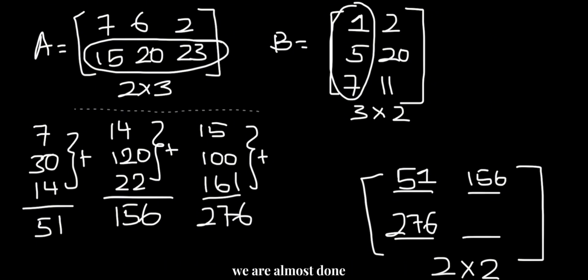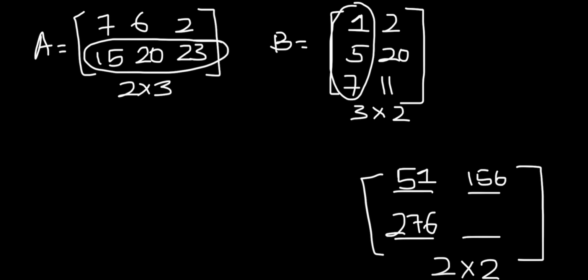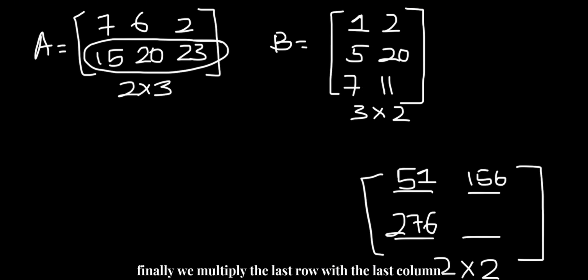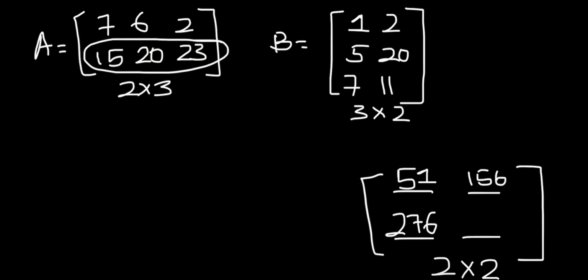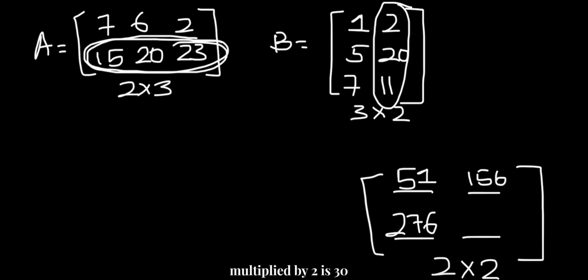We are almost done. Finally, we multiply the last row with the last column. 15 multiplied by 2 is 30. 20 multiplied by 20 is 400. 23 multiplied by 11 is 253.